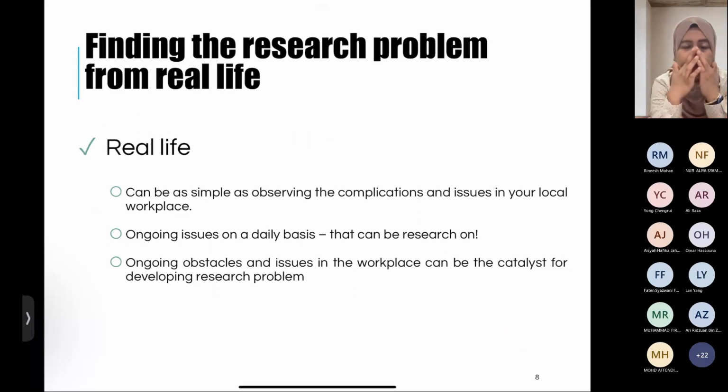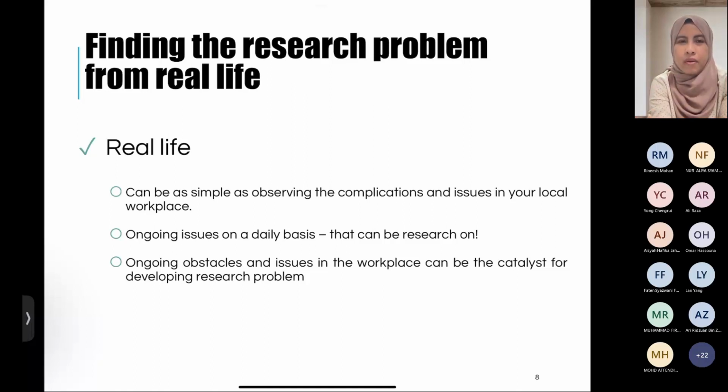In real life, a research problem can be as simple as observing the complications and issues in your local workplace. You just observe. For example, in UM, the issue of traffic jam.